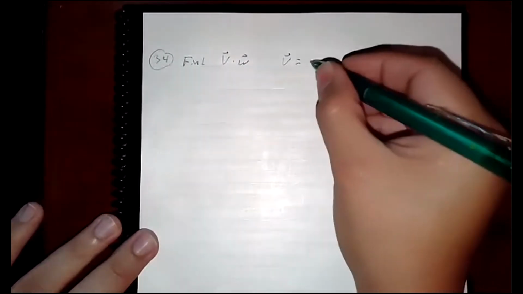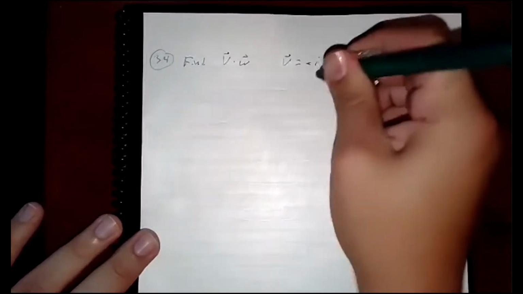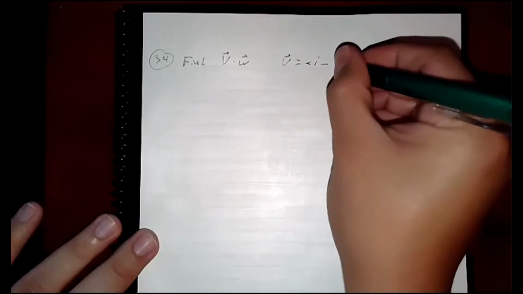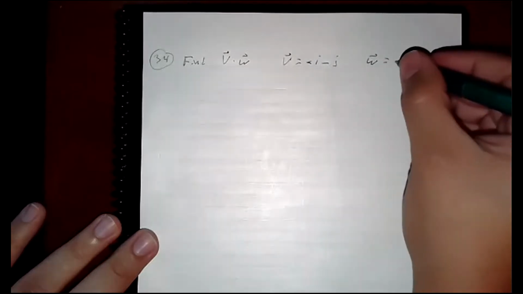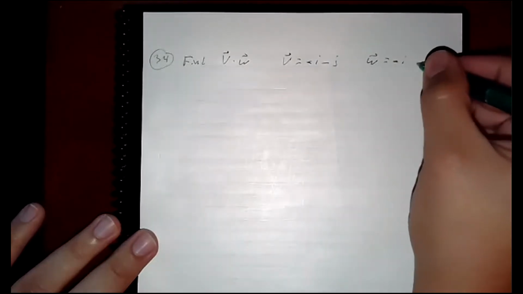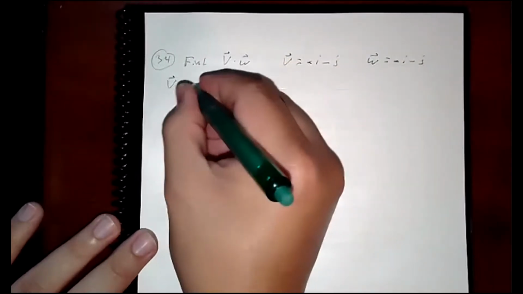V will be negative i plus negative j. W will be negative i minus j. So v dot w means you just multiply the i and j components.